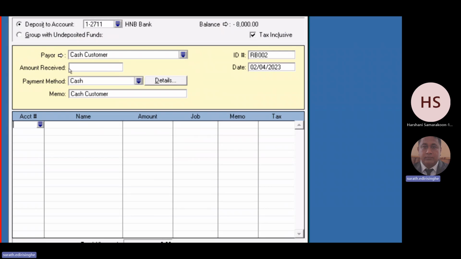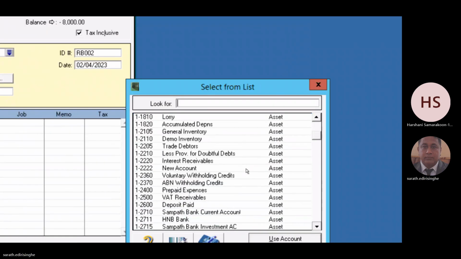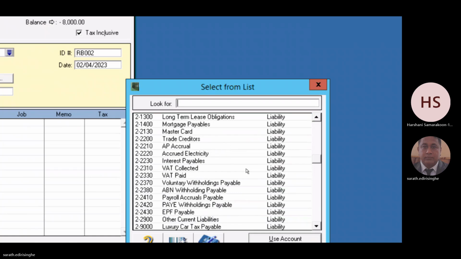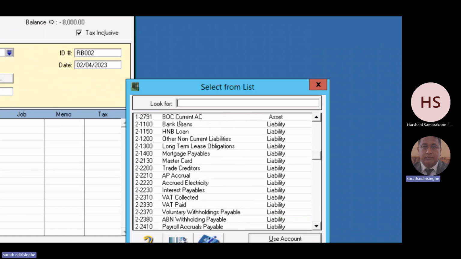Now debited to your HNB current account. Now credited to your HNB loan account under the liability. HNB loan.